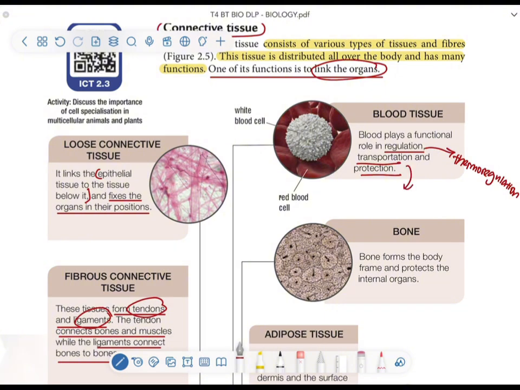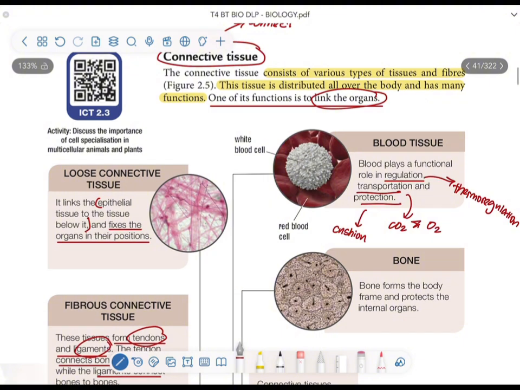For transportation, the blood transports CO2 and oxygen around the body. Protection means it can act as a cushion to protect our internal organs. In the blood tissue, we also have the white blood cell, which protects our body from pathogens, and the red blood cell, which is important in transporting oxygen molecules.